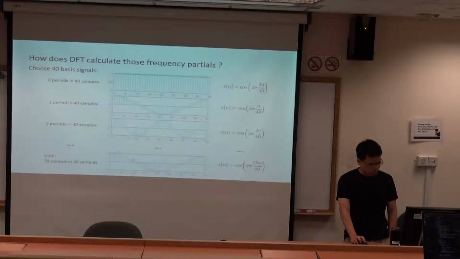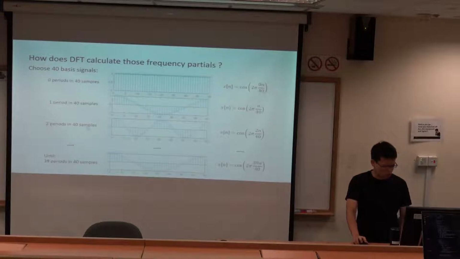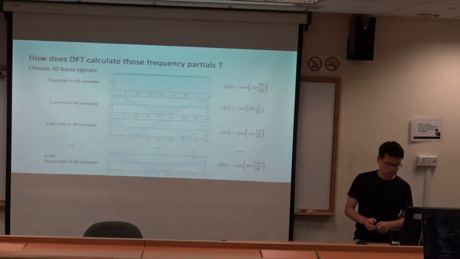Actually, the basis signals with more than 20 periods in 40 samples lose information, because there's a concept in signal processing called the Nyquist frequency. It tells you that if you want to keep information of the signal, you need to sample at least twice in 1 period.